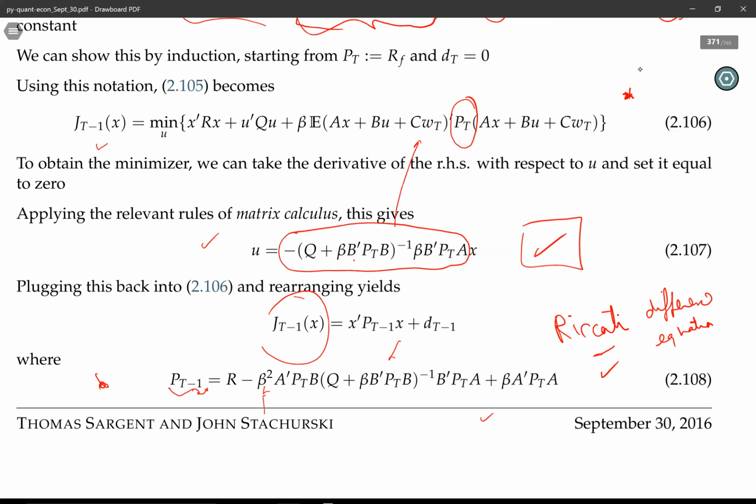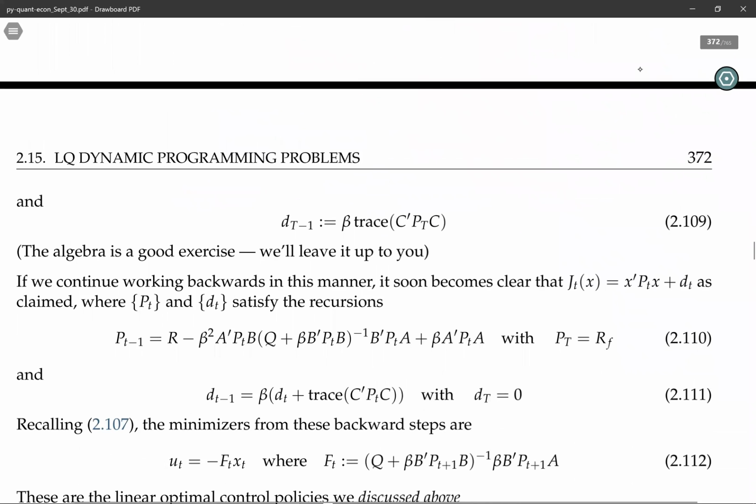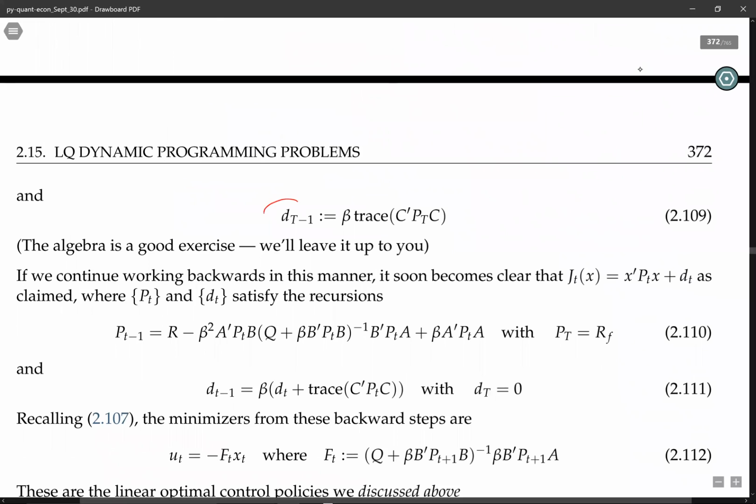So you're done. So these two equations are what come out of linear quadratic dynamic programming. And then there's a very easy formula for the D's, and the D's only come in if the C's are not zero. If there's no randomness, there's no D's.